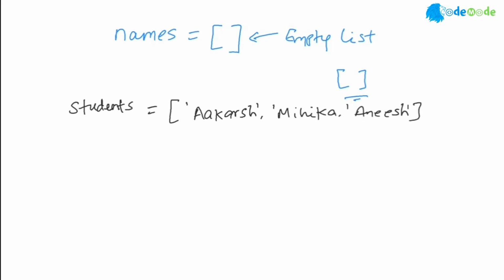Right? 3 students in this class right now. So I created a list. Each list has 3 names, each separated by a comma. Of course, since it's a name, you have to give single quotes for each string. Right? So far, so good.